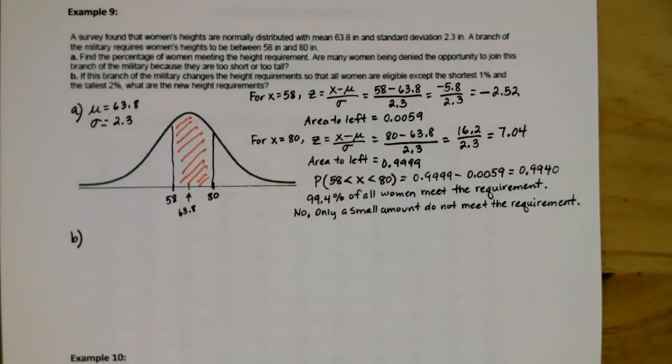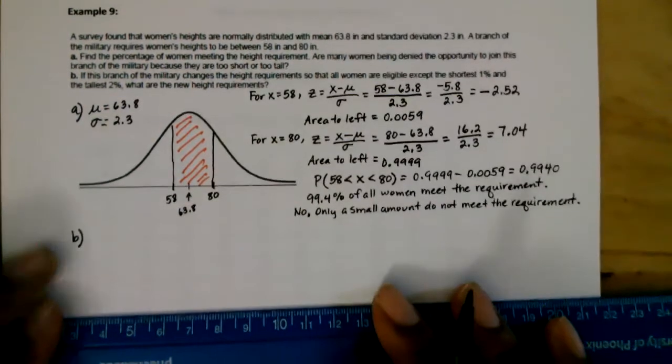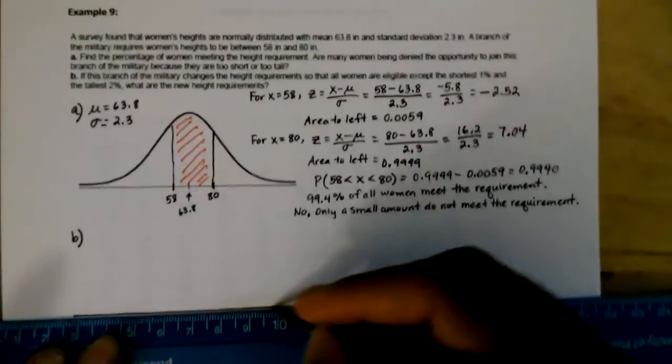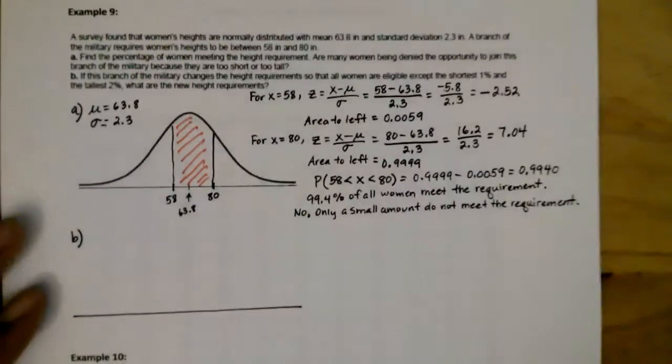Part B says, if this branch of the military changes the height requirement so that all women are eligible except the shortest 1% and the tallest 2%, what are the new height requirements? To do this, I'm going to draw a normal curve.